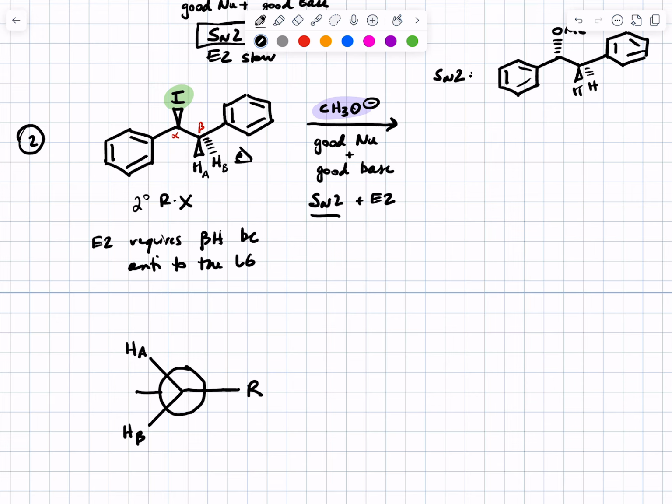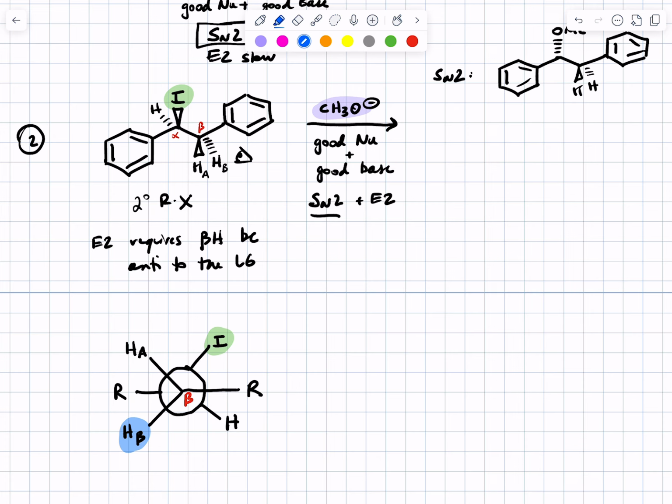Then on the other side, the alpha carbon that's in the back, the benzene ring would be coming straight out to our left. The iodide would be coming up and to our right, and then there's another proton on that carbon, implied but not shown, that would be coming down to our right. So here is the leaving group on the alpha carbon in the back, and here is the beta proton on the beta carbon in the front.